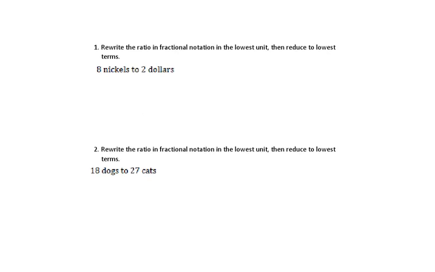The first question would like us to rewrite the ratio in fractional notation and reduce. But before we can do that, we have to take a look at $2. Now, I don't know if you knew this, but $2 is the same as 40 nickels.